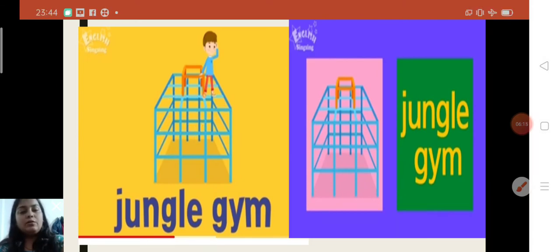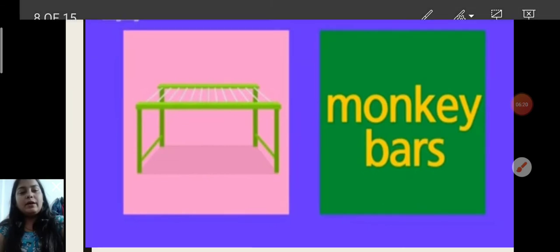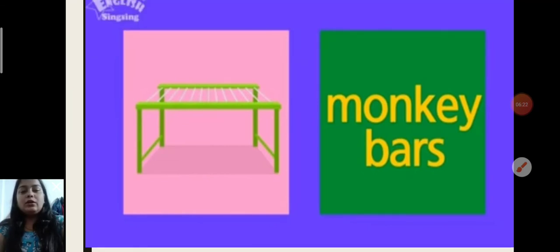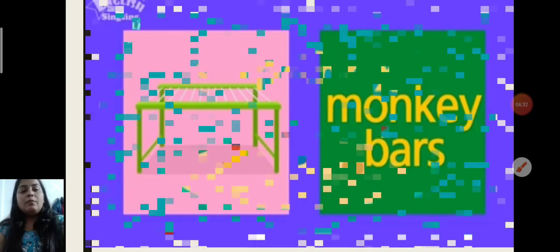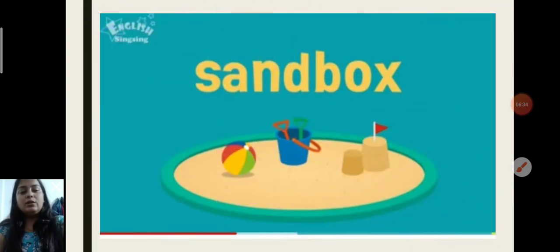Now some more, let's see. Monkey bars, it is also a type of equipment, by which children swing like a monkey from one place to another. So this is the picture of monkey bars. Now this one, sandbox. In this, children make sand pits, play with them and enjoy a lot. So this is a picture of a sandbox.